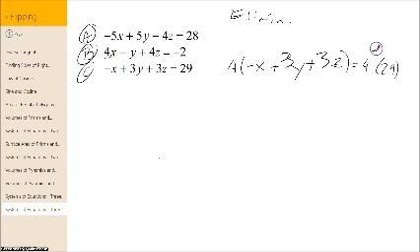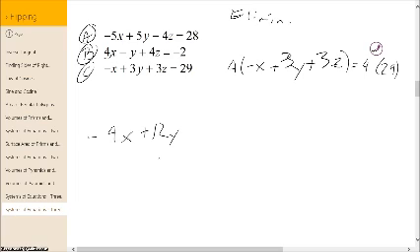What this gives me is negative 4x plus 12y plus 12z equals 116. That's just my modified C, and I multiplied it by 4 because I want to put B above it.